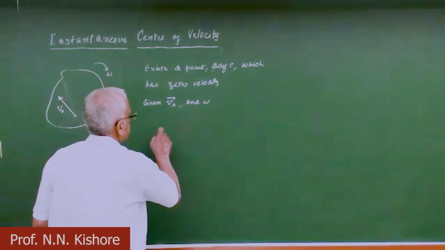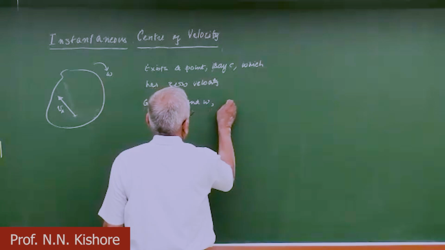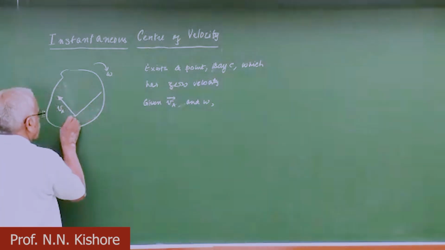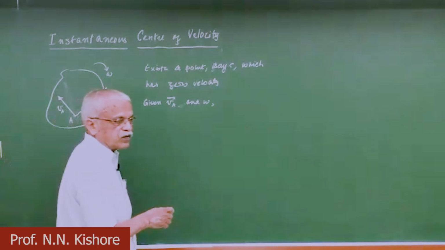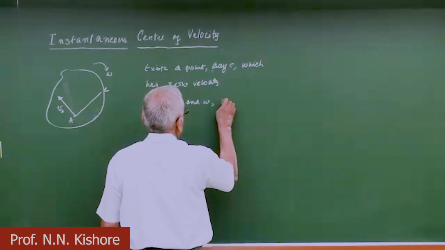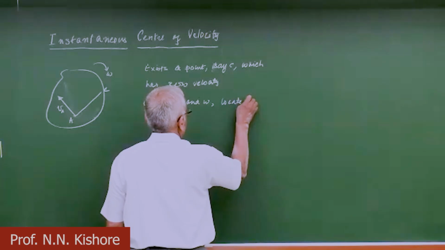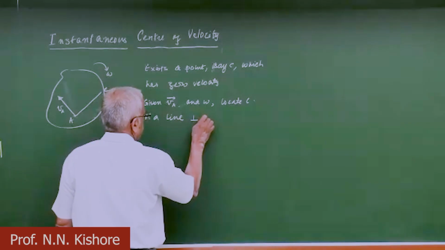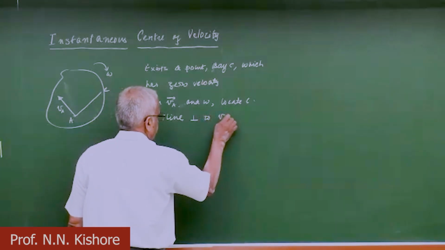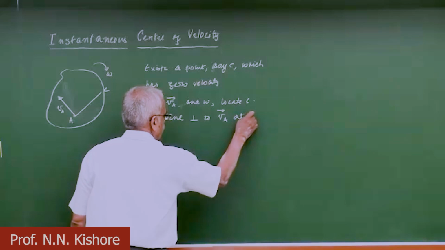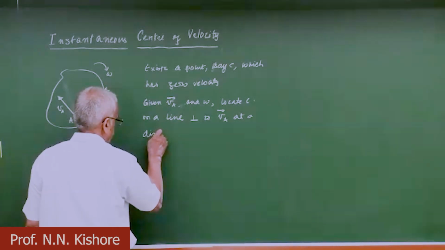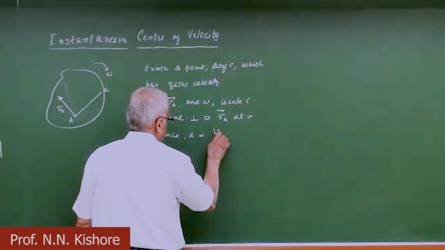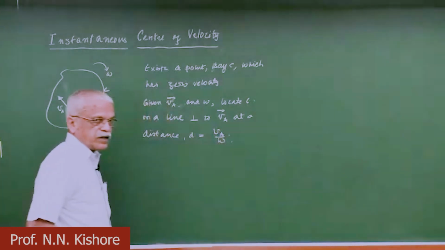So what we said is that VA is given, so then our construction is: locate C on a line perpendicular to the VA at a distance D, let us say, equal to VA by omega.